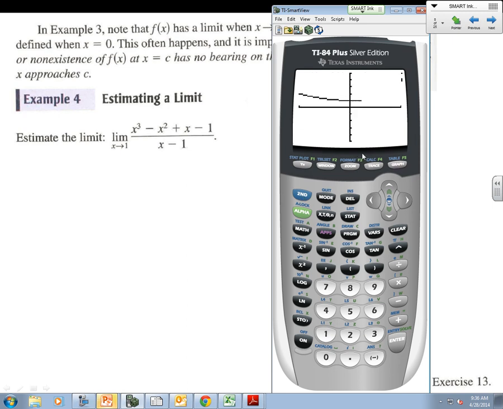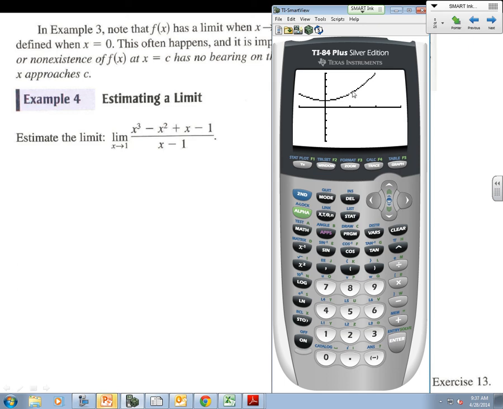So as we graph here, as we zoom into 1, as we use our trace, as x becomes 1, oops, I need my window a little bit bigger. Let's go to 3 here. Notice that right there, if you zoom in at 1 when x is 1, there's a little hole there, right?